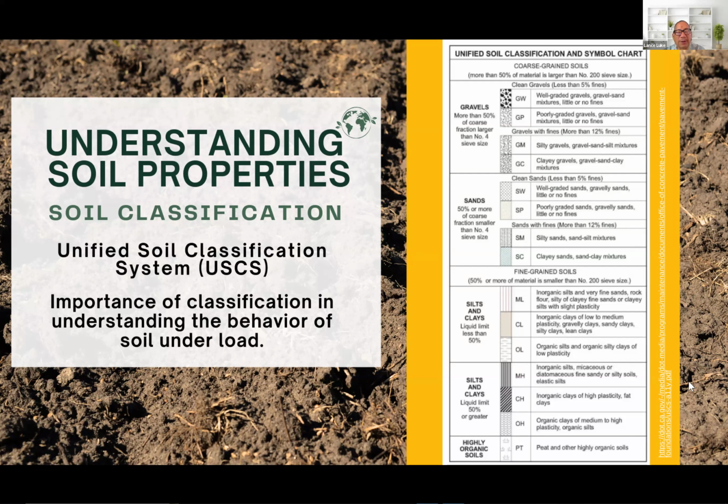So the soil classification was developed by the Army Corps of Engineers, and it classifies the soil based on the texture and cohesiveness. The classification categories are coarse-grained soil, which is sand and gravel; fine-grained soil, silts and clays; and highly organic soil, peat and muck.